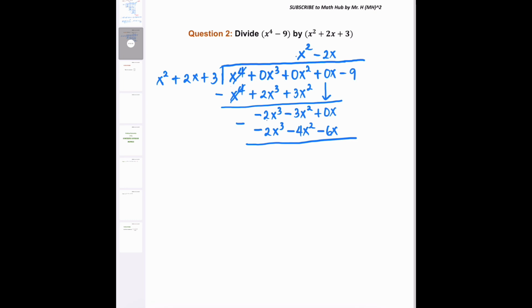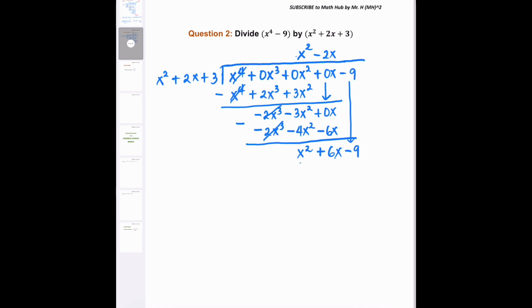So negative 2x cubed minus negative 2x cubed is actually 0. So we cancel that out. Negative 3x squared minus negative 4x squared is positive x squared. 0x minus negative 6x is positive 6x. And then we bring down negative 9.